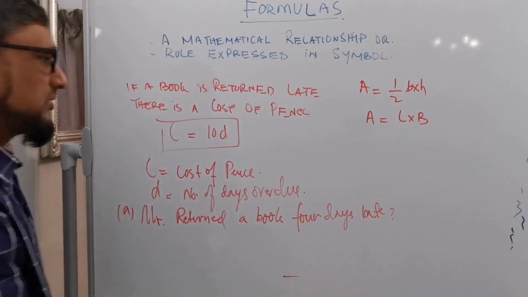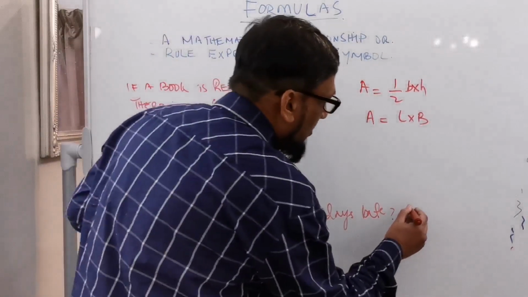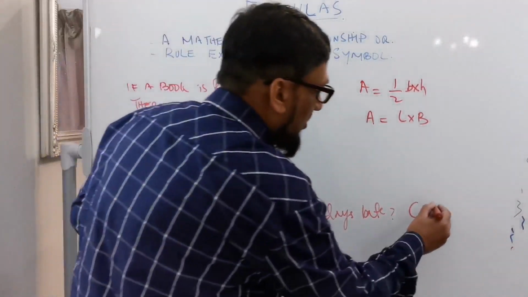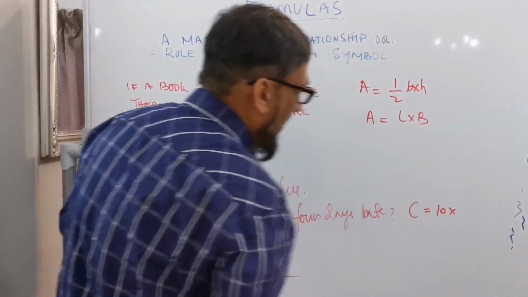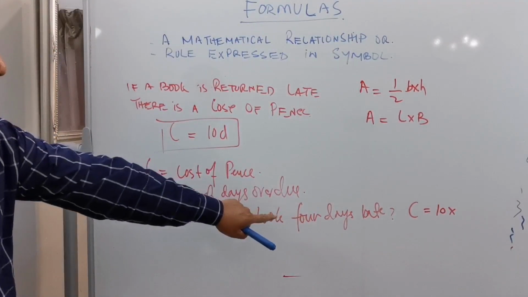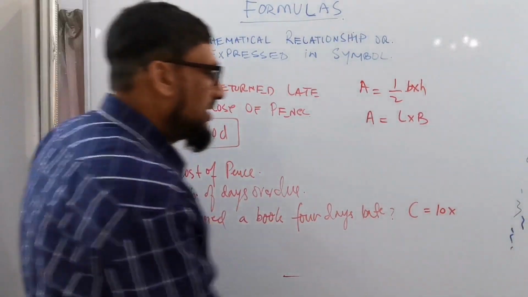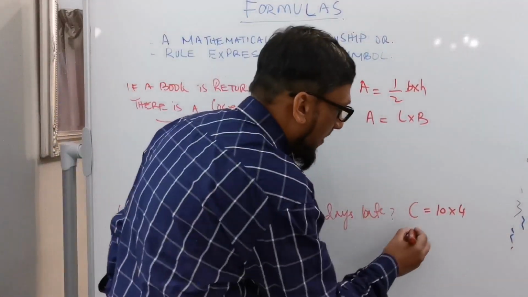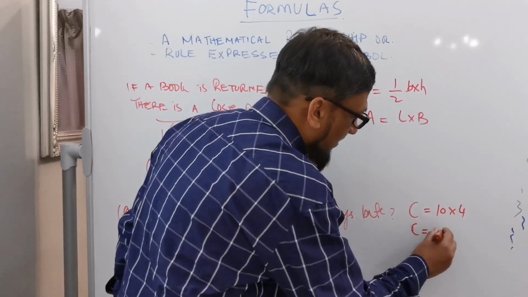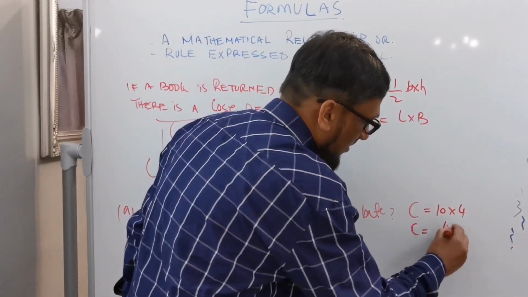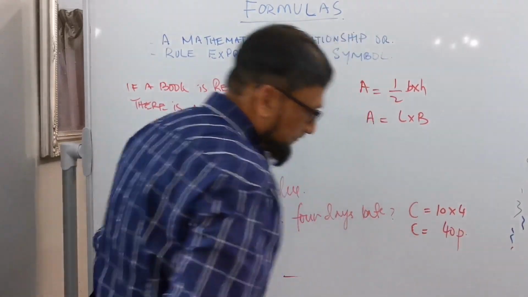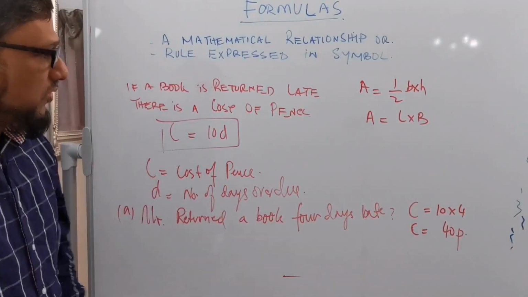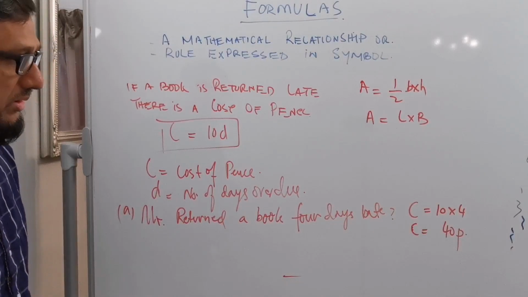So what do we do? Simply, C is the cost in pence. How does the librarian work it out? Number 10 and how many days late. The number of days late is 4. So the cost is 40p, the overdue amount for the late book.